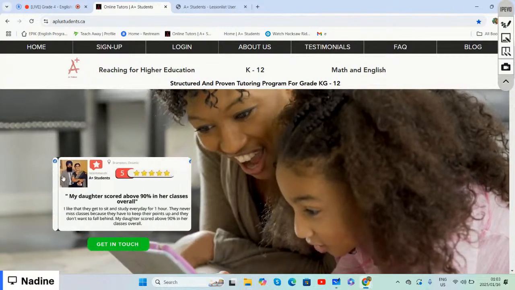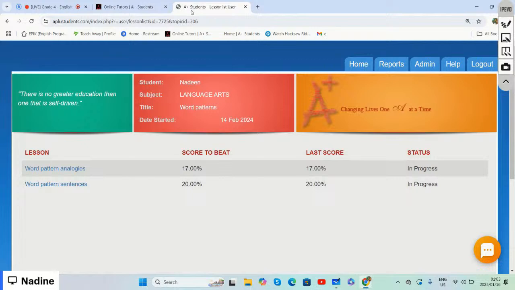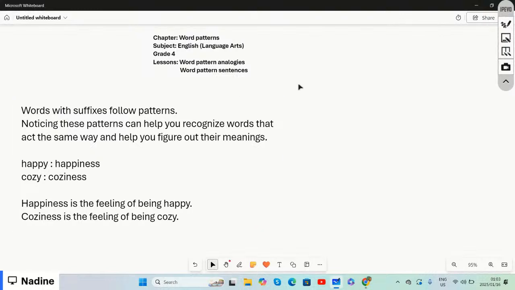So we're going to scroll down until we get to our chapter of word patterns. So our chapter is word patterns. Our subject is English language arts.